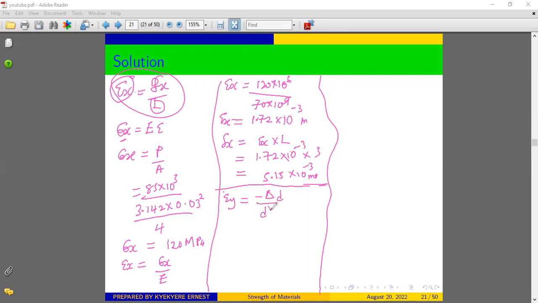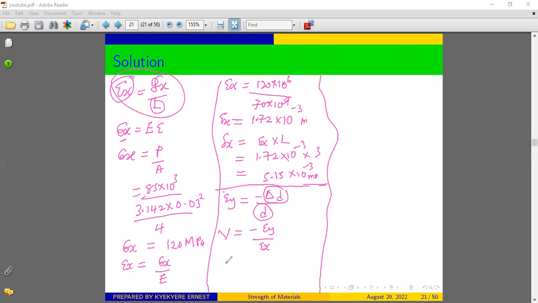In the question, we have been given the original diameter, and we are looking for the change in diameter. However, we don't have this lateral strain, but we can get the lateral strain from the Poisson's ratio. From the Poisson's ratio, V is equal to negative epsilon y over epsilon x.